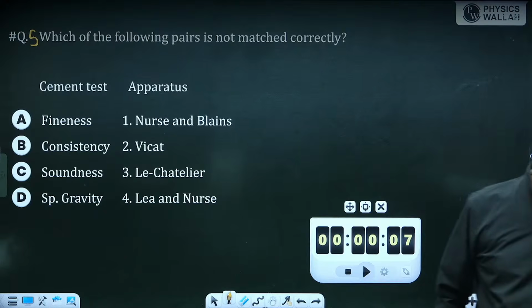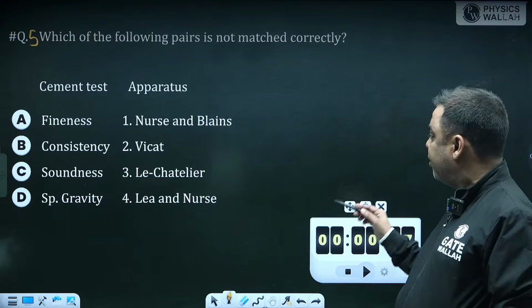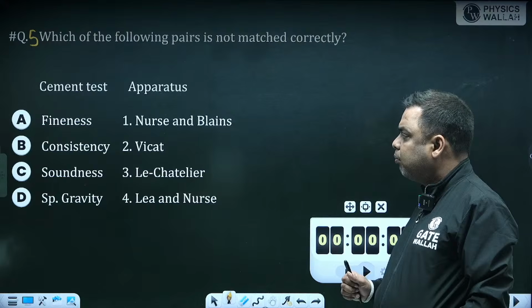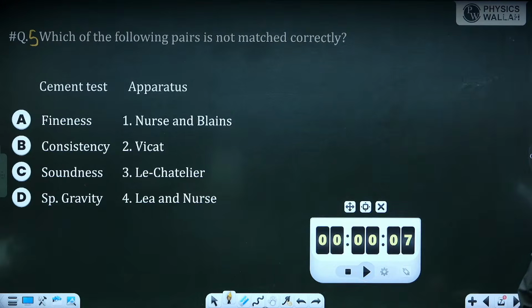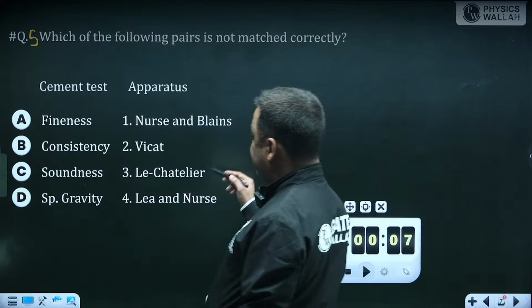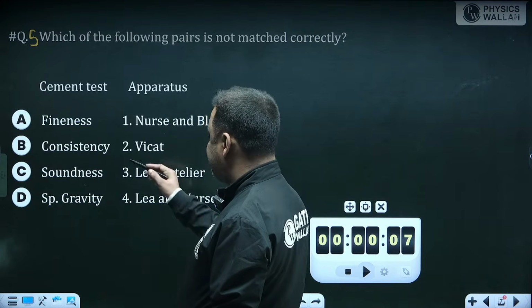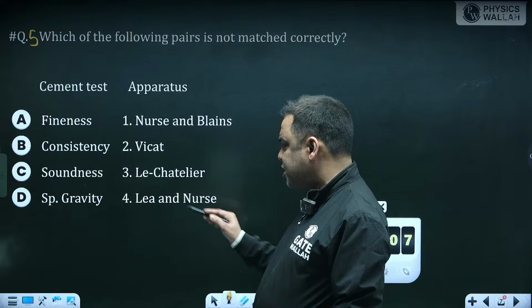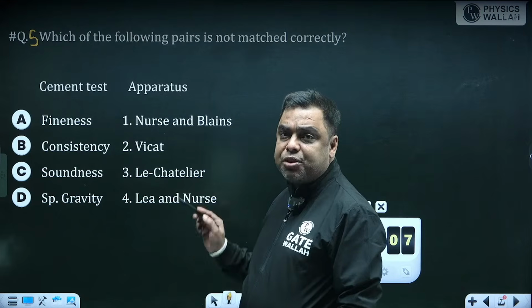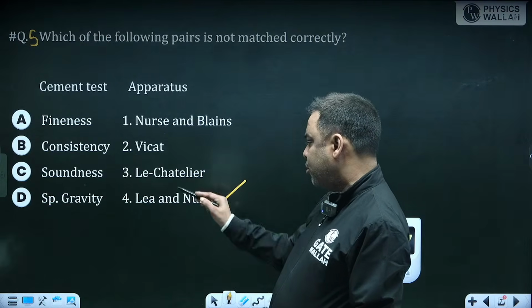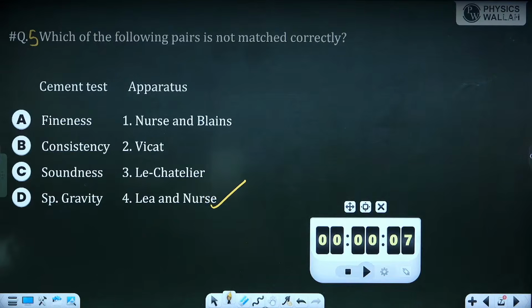So what will be the answer? Fineness: Nurse and Blaine's apparatus, right? Consistency: Vicat's apparatus. Soundness: Le Chatelier's apparatus. Specific gravity is not Le Chatelier's apparatus. It is Le Chatelier's flask, right? So this is wrong. Agreed, everyone?